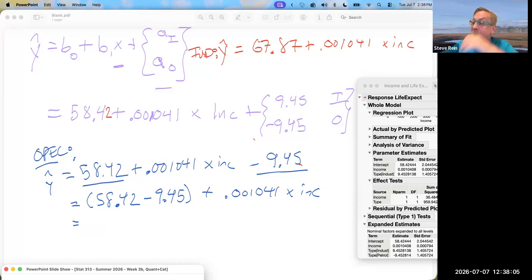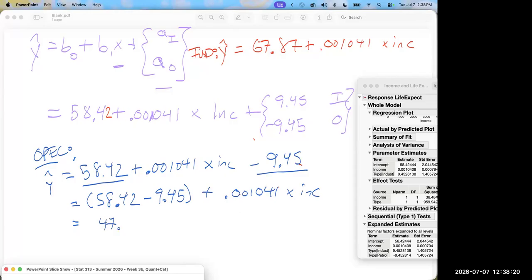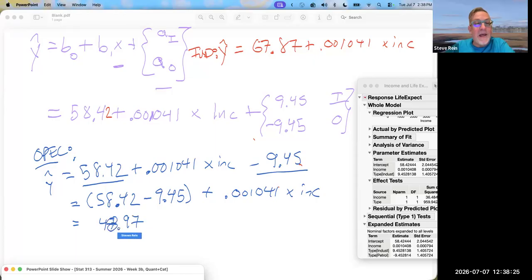So again, I'm going to need a little bit of help here, calculation wise. 58.4, I guess 47 point, I don't know, 97. 48.97. I was so close. I was perfectly right in my head. So thank you for correcting me. 48.97 plus 0.001041 times income.